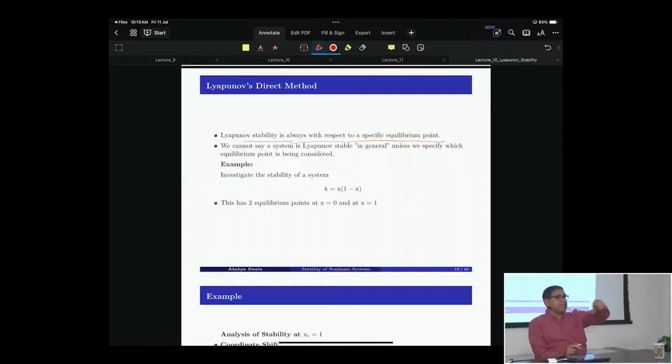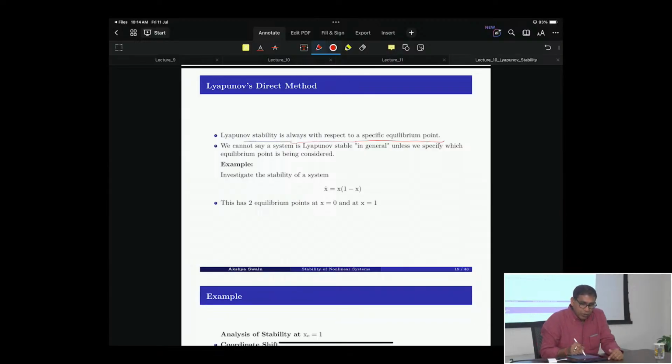Then start analyzing it. Next point is how it is different from linearization, because in linearization you are assuming the system operates within a small region, but here you don't assume that. Here you take a Lyapunov function, so the stability information is based on this Lyapunov function. By changing the Lyapunov function, the stability information may change. Got a point?